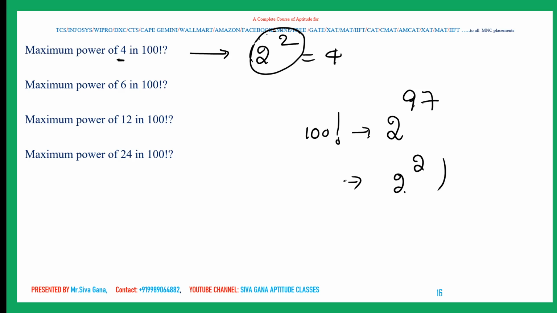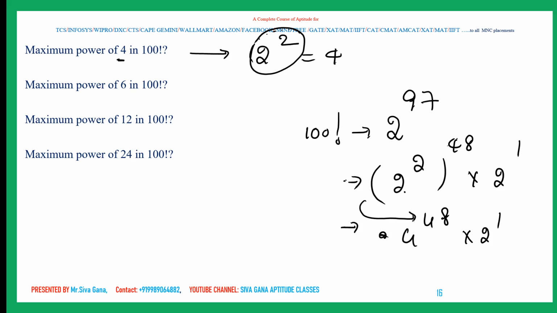This we can write as 2 square into 48, 48 into 2, 96, plus 2 power 1, 97. This is 4 power 48 into 2 power 1. So maximum 4 power up to we can write is 48. Therefore the maximum power of 4 in 100 factorial is 48.